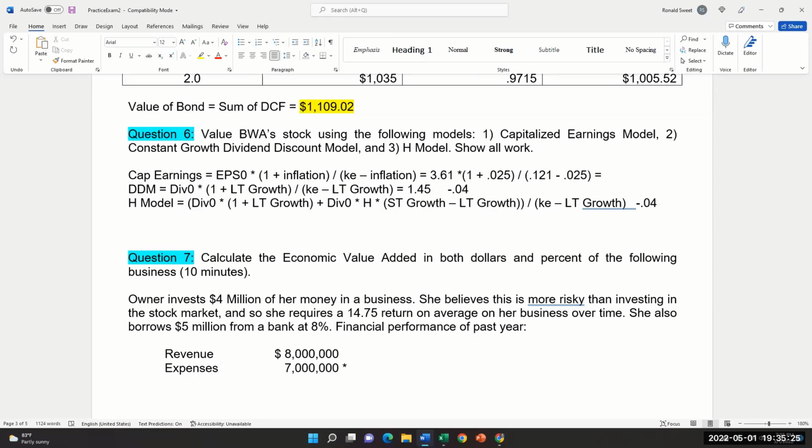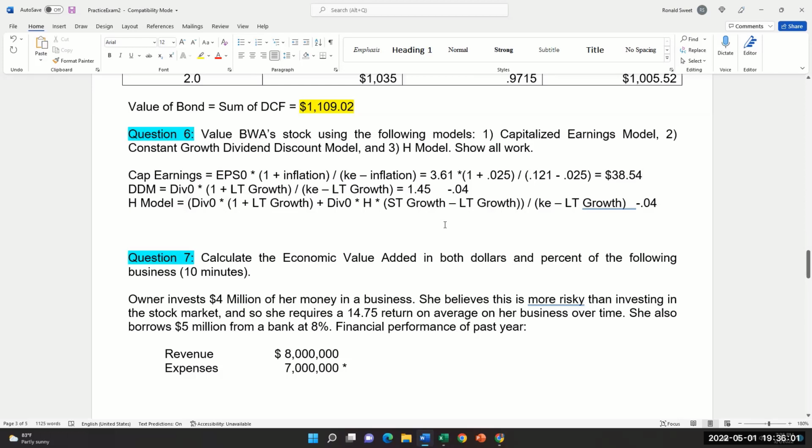And that should give you a value of 38.54. I'm going to double check everything because I'm a little nervous. 3.661 times 1.025 divided by 0.121 minus 0.025. Sure enough, 38.54.